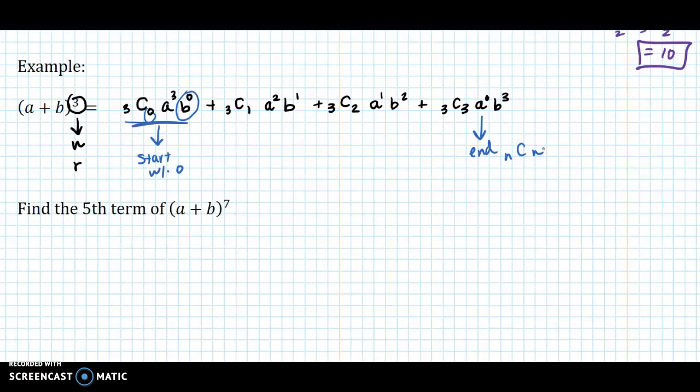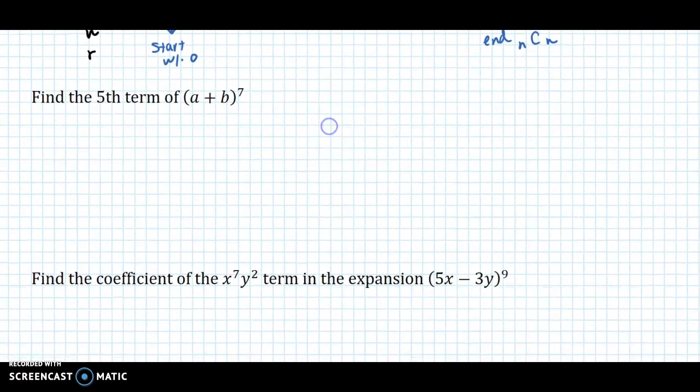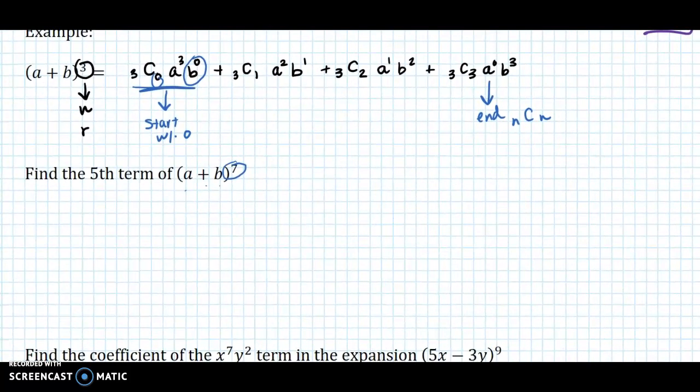Something like this might seem more complicated than it needs to be, but for something like this, find the 5th term of a plus b to the 7th power. If I only need to find the 5th term, then I don't necessarily need to expand the entire binomial. I really just need to focus on that 5th term. So if we think about it, since we start on the 0 term, this is technically our first, and then second, third, fourth.